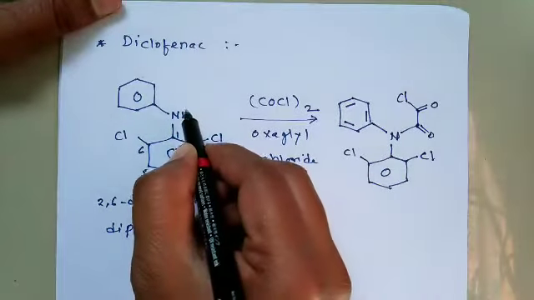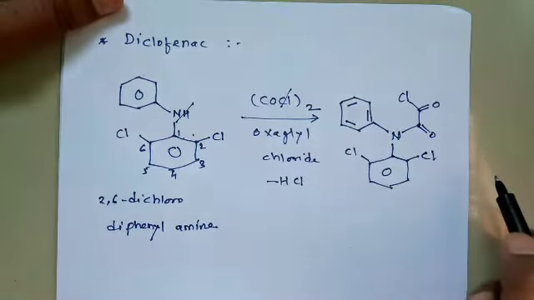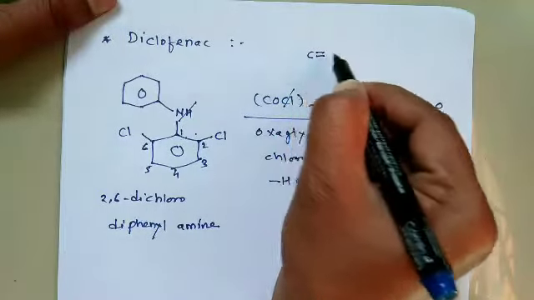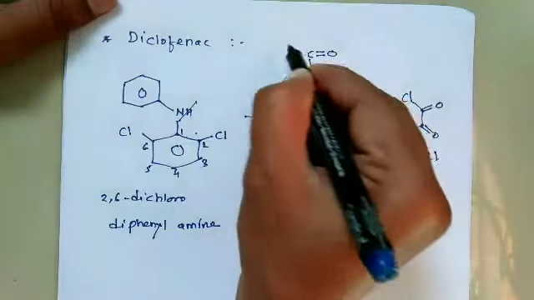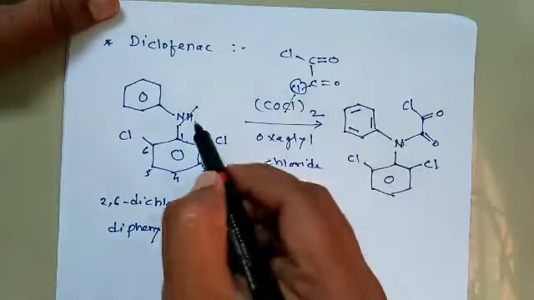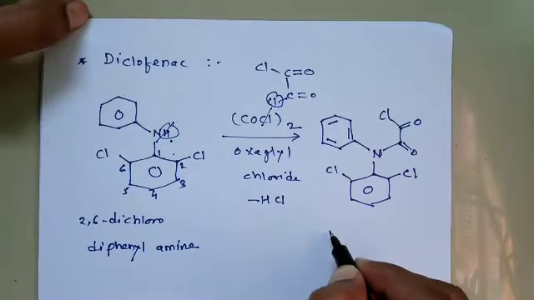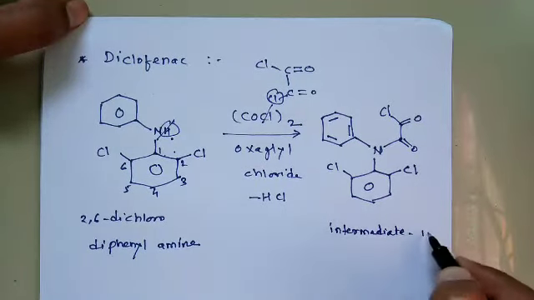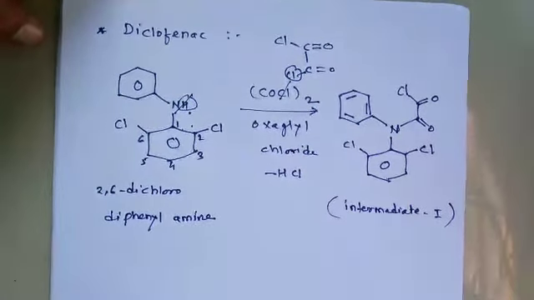That means one hydrogen from this nitrogen and one Cl from this oxalyl chloride. How to write the structure of oxalyl chloride? C double bond O, Cl and Cl. The removal of one Cl from this oxalyl chloride and hydrogen from this nitrogen, and you will get the first intermediate. That is the first intermediate in diclofenac synthesis.